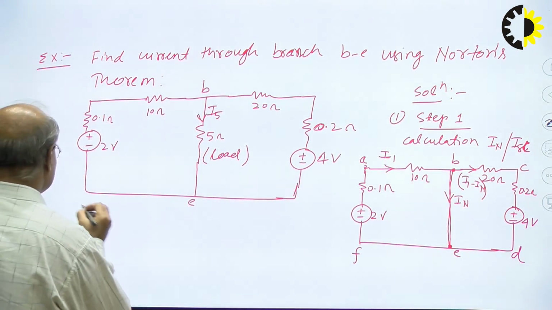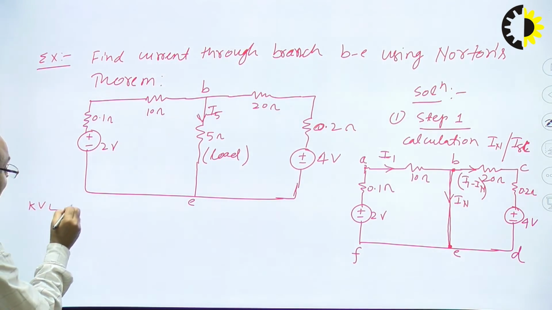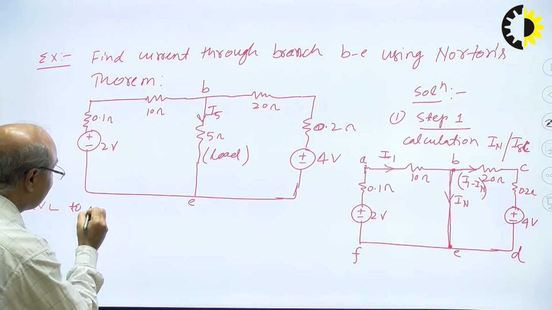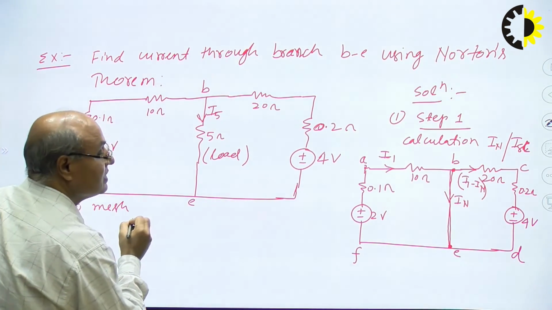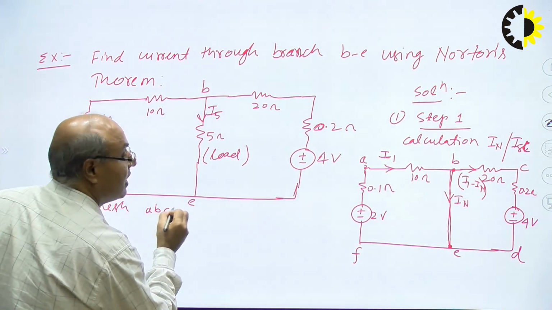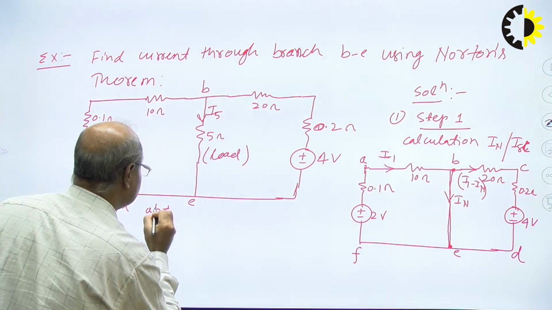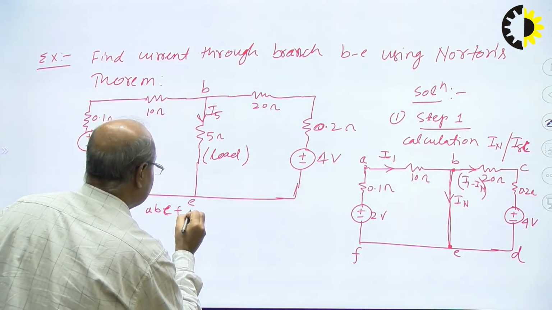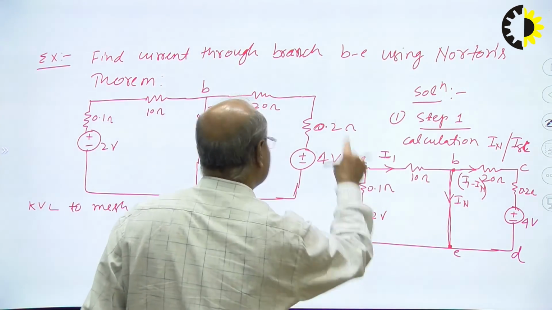We will apply KVL to the loop or mesh A, B, E, F, A.